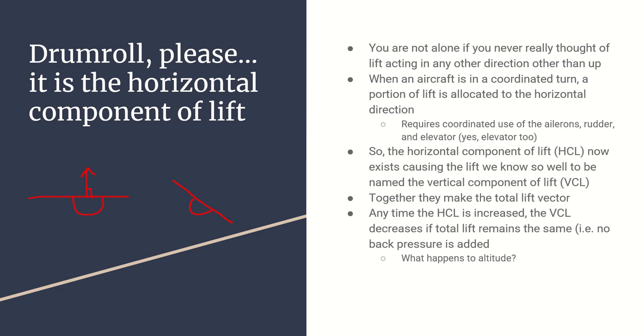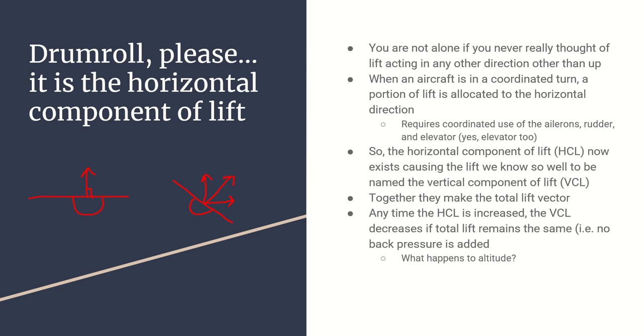And overall, the lift still acts in that same direction. But anytime we have a diagonal force or vector, then we have to break it up into pieces. So this is vertical lift right here. That's the vertical component. And then the lift that acts in this direction is the horizontal component of lift. So both together create total lift.